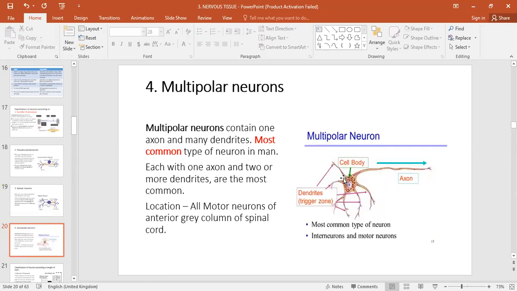This one here, then so many dendrites. So it has several dendrites, all of them originating directly from the cell body, and only one axon. This is the most abundant type of neuron in the body.